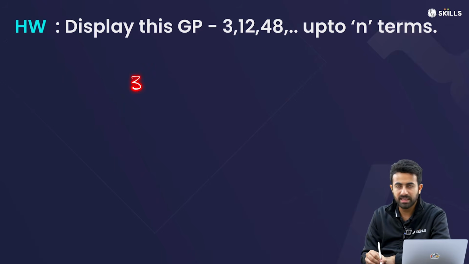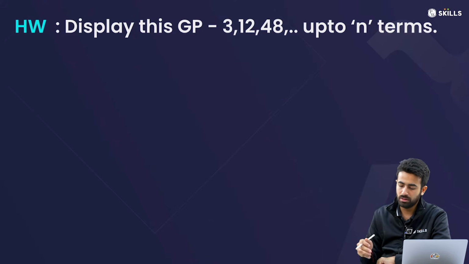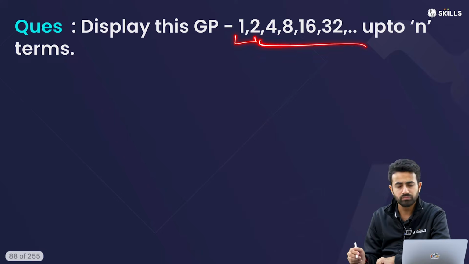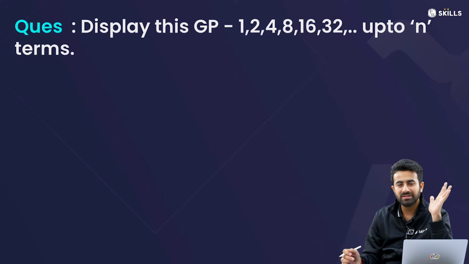Initially it is 3 into 4, 12 into 4, 48 into 4, and so on, like 96 into 2, 192. The common ratio, which is the same multiplier over here, is 2. I have to print this up to n number of terms. Here, method 1 you should not use because it is not efficient.